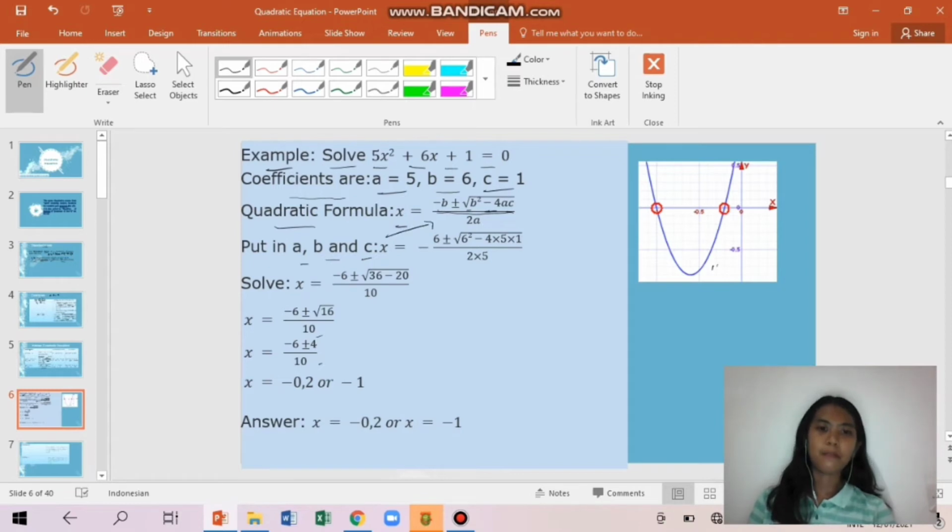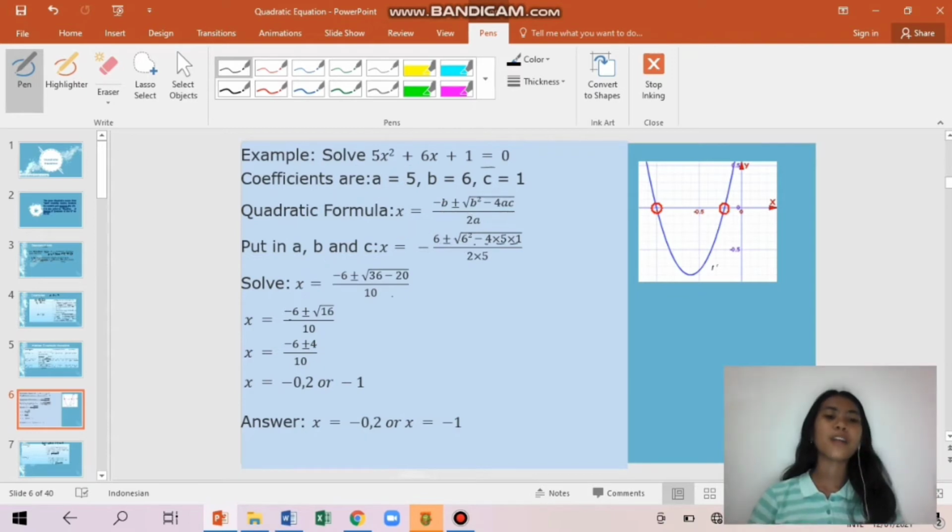So it becomes x equals negative 6 plus minus the root of 6 squared minus 4 times 5 times 1, divided by 2 times 5. So the solution becomes x equals negative 6 plus minus the root of 36 minus 20, divided by 10.